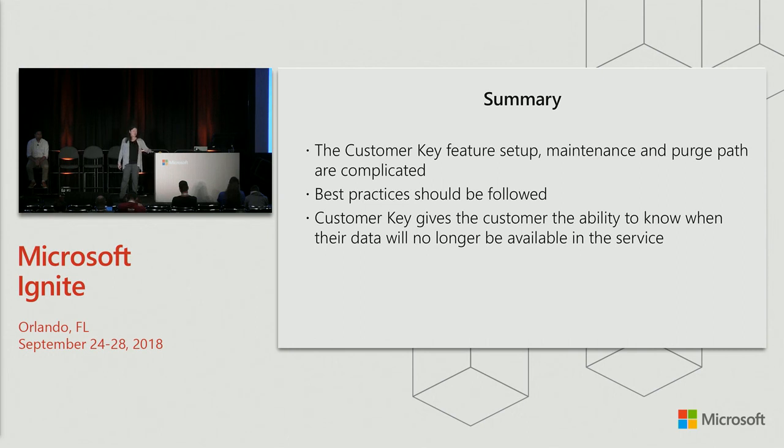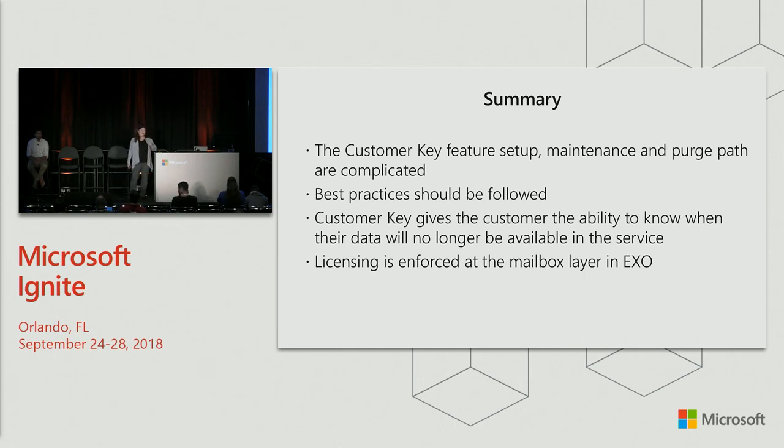We will be done with that particular data. So it will be crypto deleted at that point. And again, in Exchange Online, licensing is enforced at the mailbox layer. We want to be crystal clear about that because the other features in our particular add-on are not that. They're not enforced.